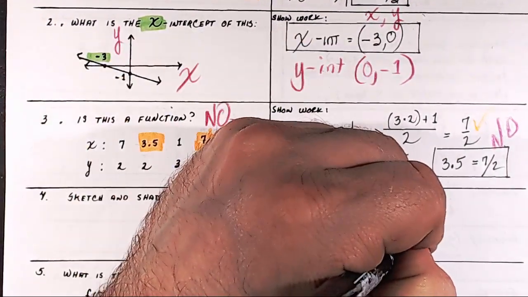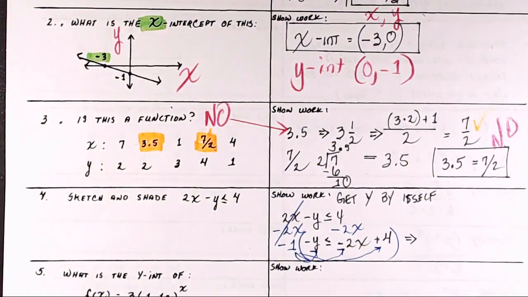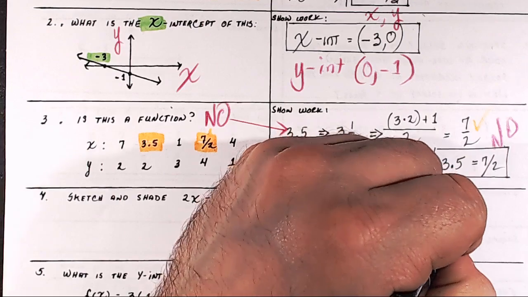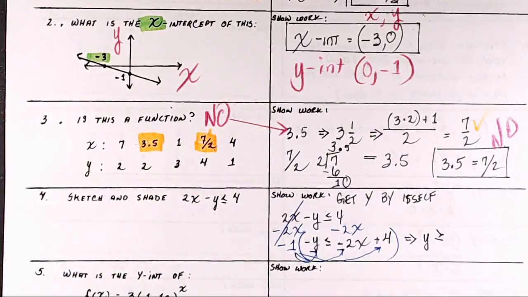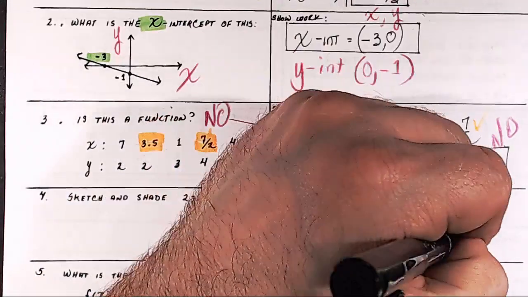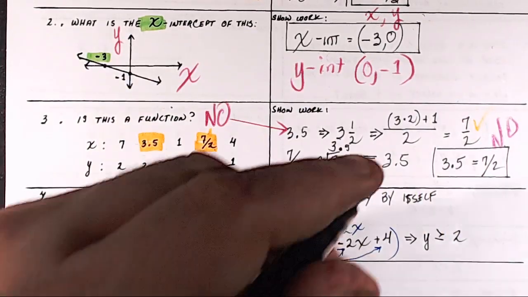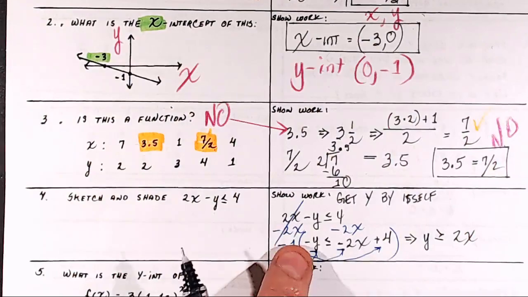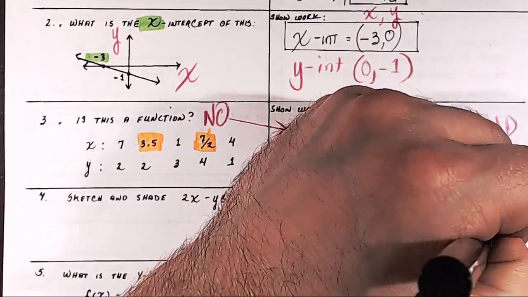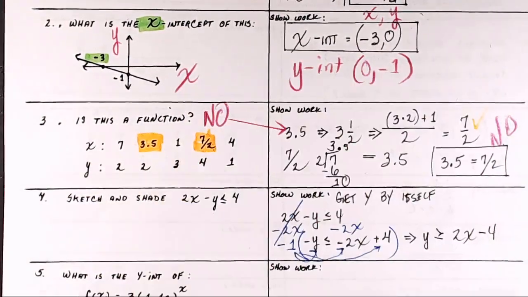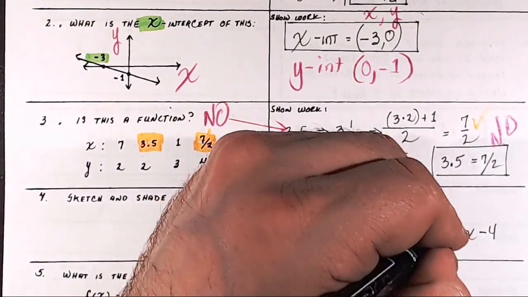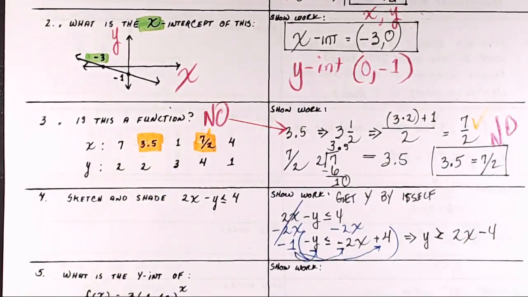So I'll write this little arrow and say y is greater than or equal to, because I flipped the sign, negative 1 times negative 2 gives me positive 2x. Negative 1 times 4 gives me negative 4. So y is greater than or equal to 2x minus 4.